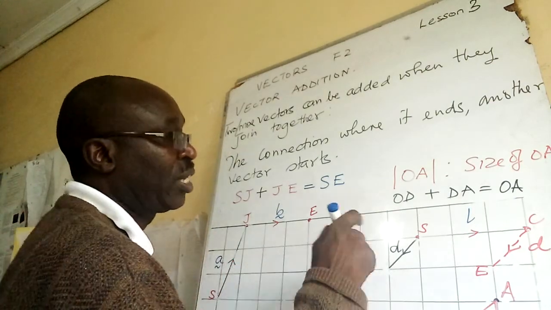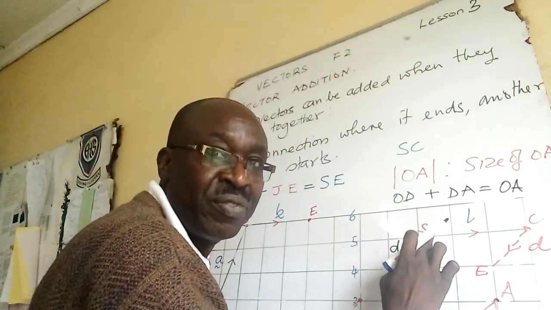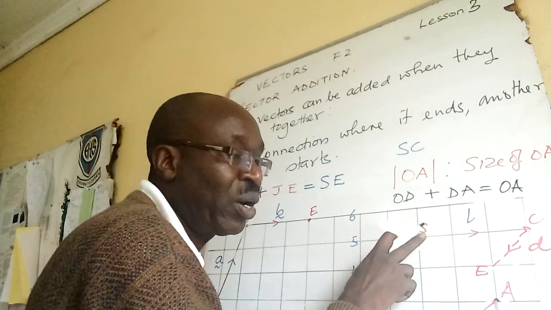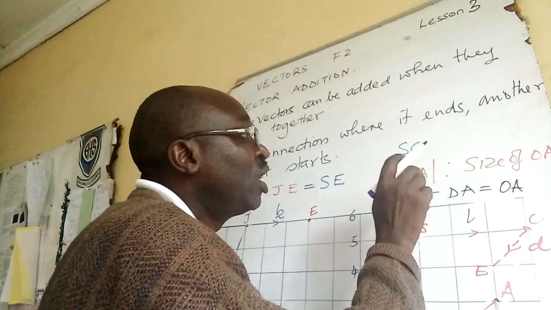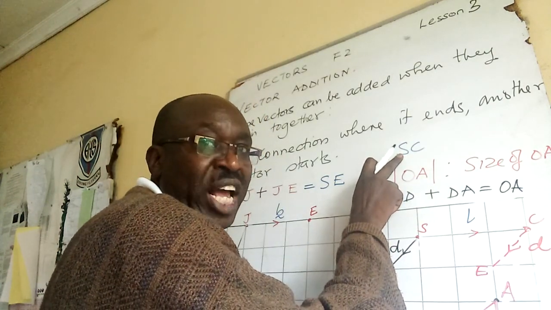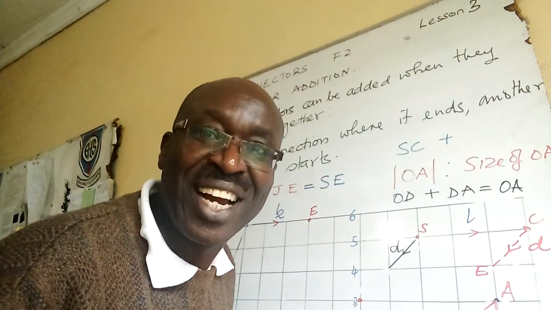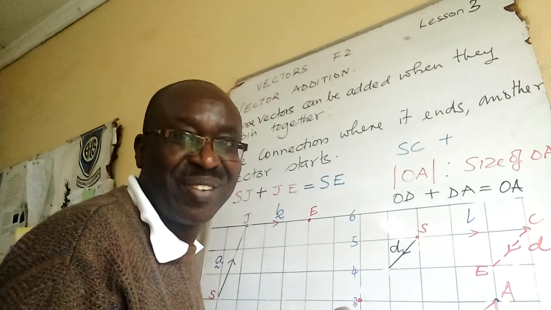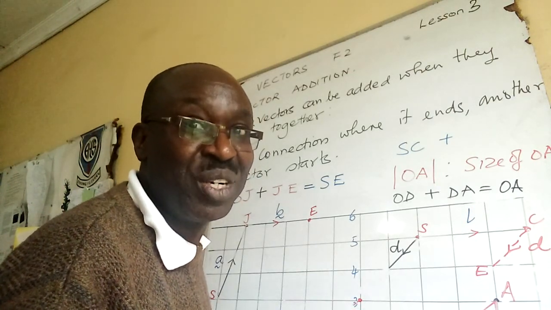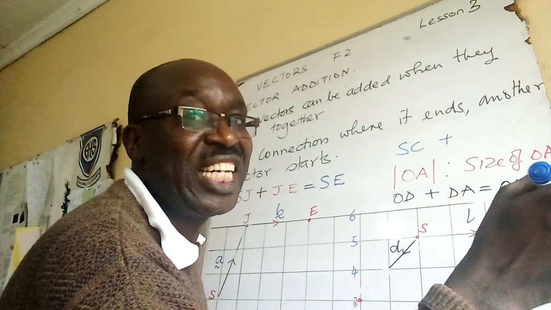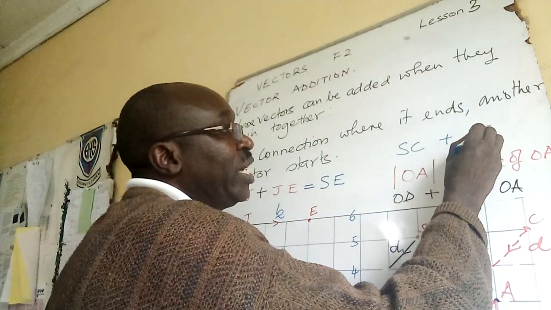Now I have SC. When I have reached town C, I started at town S, the starting point. I've gone to town C to connect. So I move from S to town C, then connect. Add. In vector language, add. In layman's language, life situation, I'm connecting. Now I move from C to my destination.